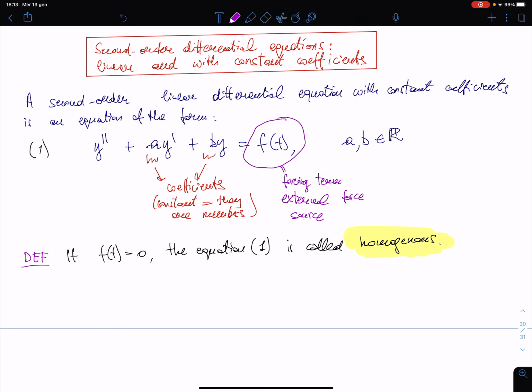And another related definition is the following.